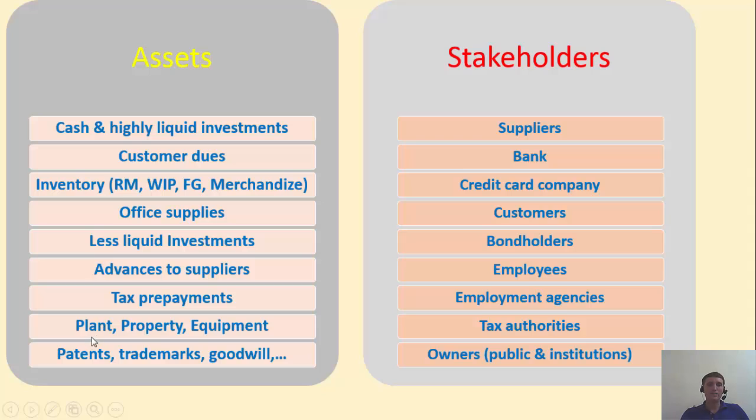A firm certainly has plant, property, and equipment that it owns, where it manufactures the product, where its offices are, different kinds of equipment and machinery. In addition, a firm has what we call intangible assets, such as patents, trademarks, goodwill, and so on.